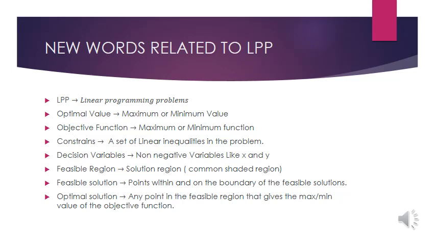Feasible region is the solution region, or we can say common shaded region from the graph. Feasible solution. The points within and on the boundary of the feasible region. Optimal solution. Any point in the feasible region that gives the maximum or minimum value of the objective function.